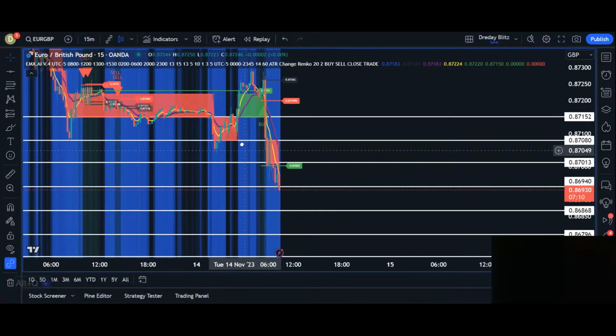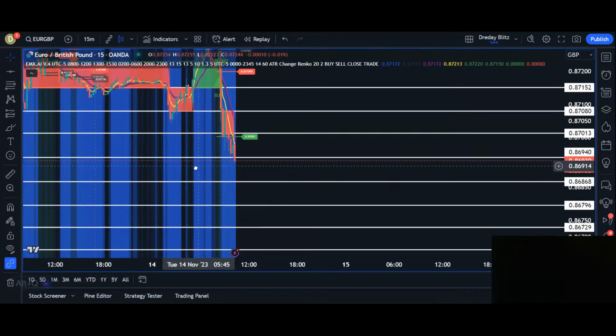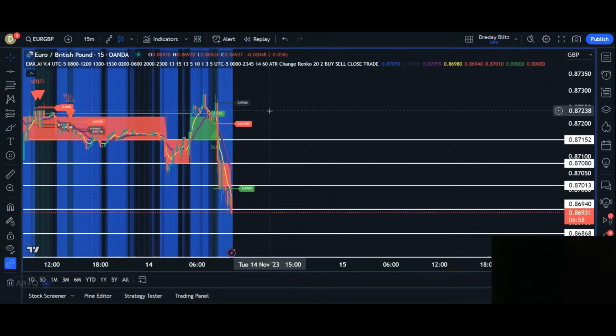All right. So since it broke down this zone, we should expect the price going here. Okay.